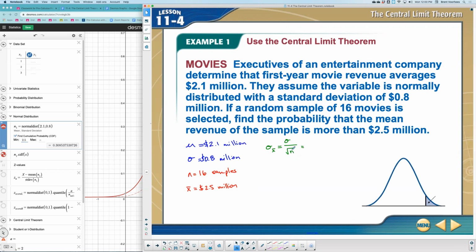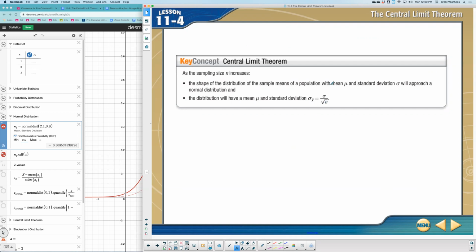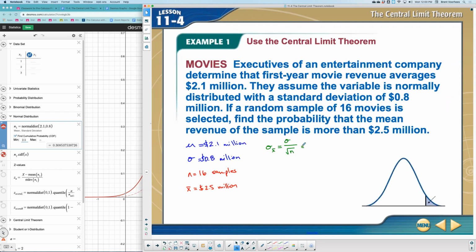So I would have 0.8 divided by the square root of 16, which is 4. So 0.8 divided by 4 is going to be 0.2. Okay, so there's one value we're going to need.